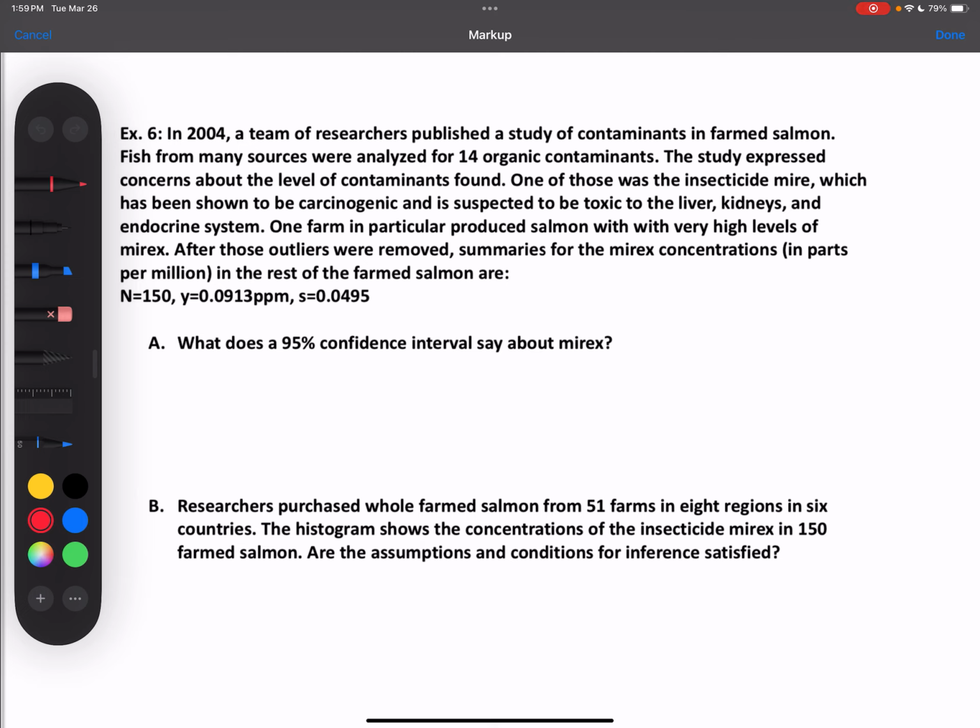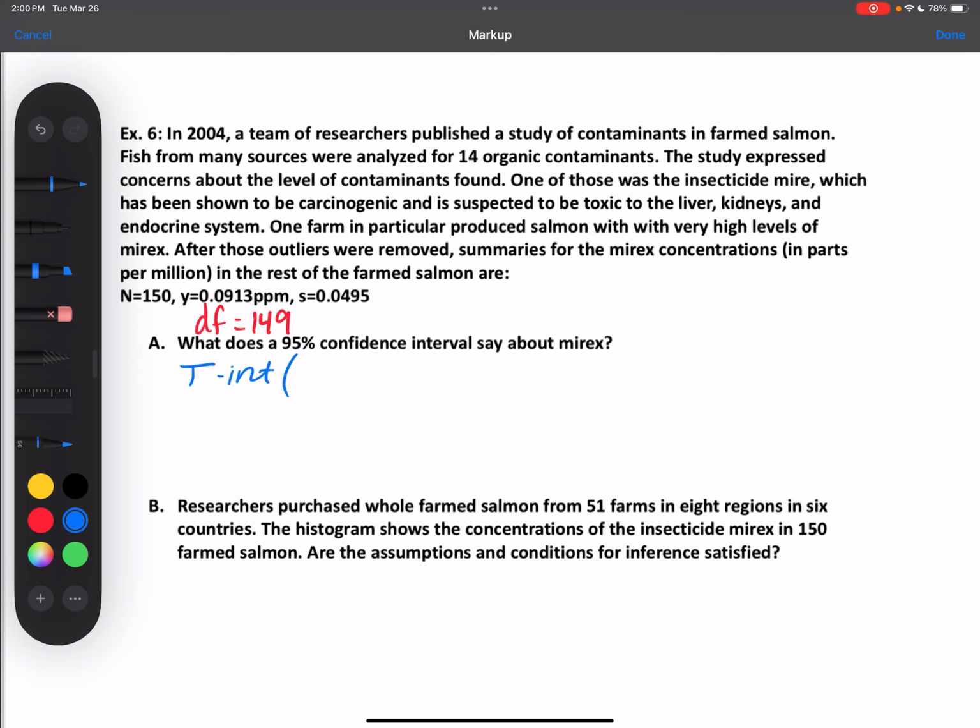So what does a 95% confidence interval say about Mirex? So what are my degrees of freedom? 149. So I'm going to use the calculator function T interval.